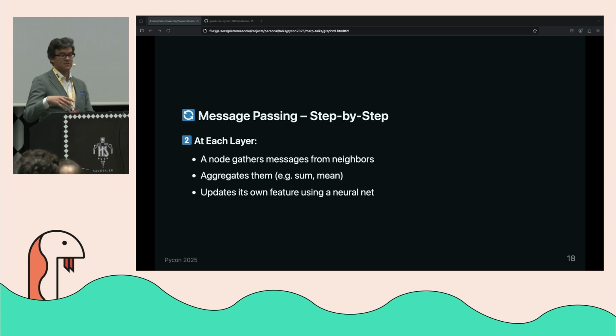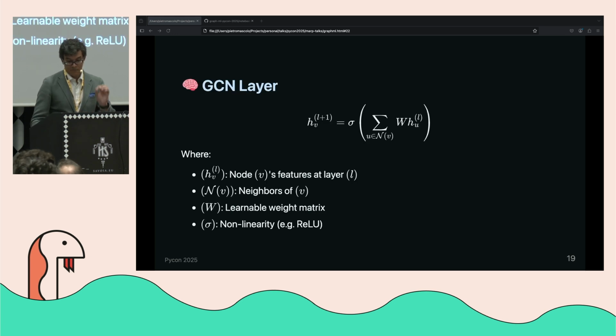So the node gathers messages from its neighbors, so the value of the attributes and features of the neighbors, or the edges that connect them. These are aggregated together, and then through a small neural network, the node embedding is updated. I promise this is the only slide with maths. So the mechanism is probably very familiar to you if you have worked with neural networks.